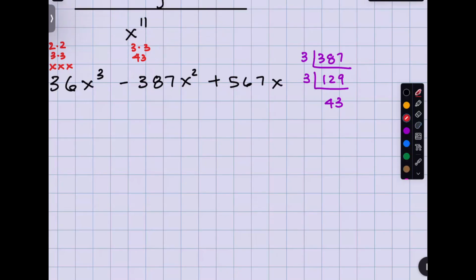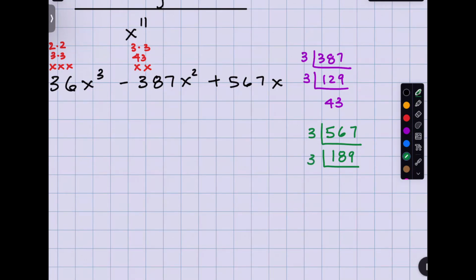And then x and x. All right. Now let's look at 567. Does 3 go into that? Yeah. How many times? 189. Again, 5 plus 6 plus 7 is 18 as well. 1 plus 8 plus 9 is 18 as well. So 3 does go into that.